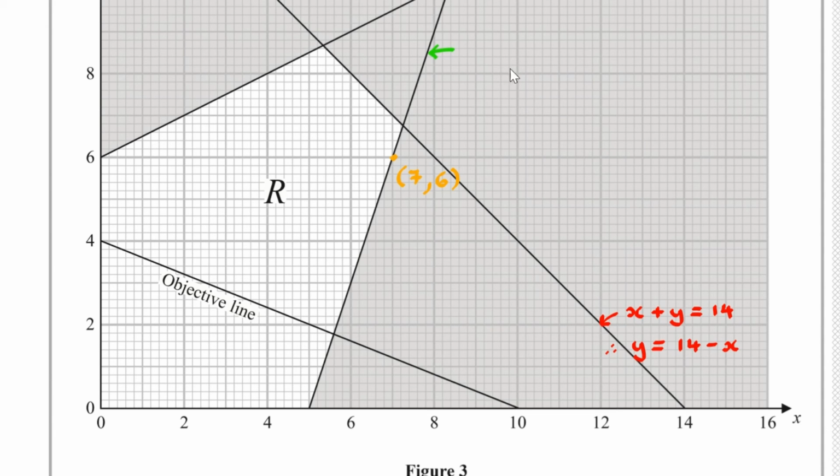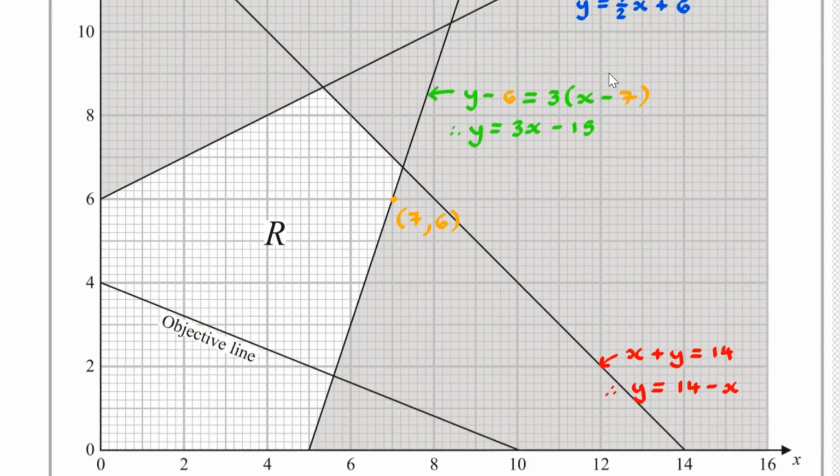So this line is y minus 6 equals the gradient, which is 3, times by x minus 7. And if I rewrite this equation, we would have y equals 3x minus 15.